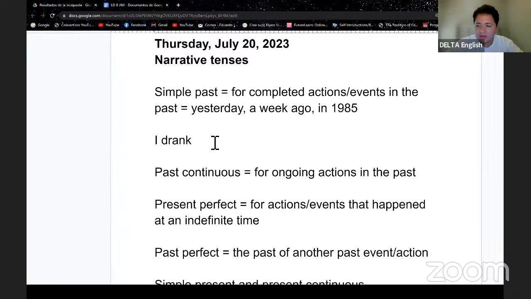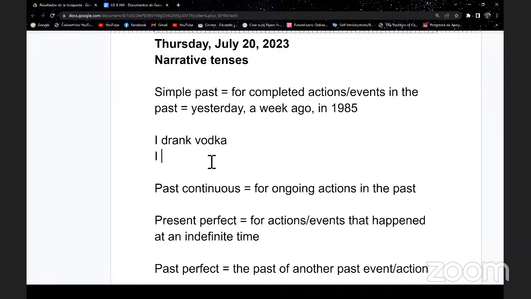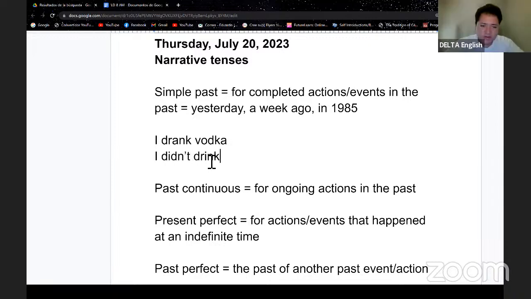This is, we could say, an intransitive verb, or you can add something. For example, I drank vodka, right? So in negative, how will you write this sentence? Negative, Uriel. I drank vodka. The negative is? I didn't drink vodka. Excellent. I didn't drink vodka.